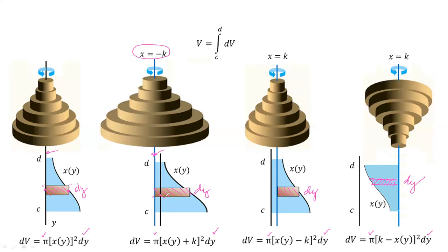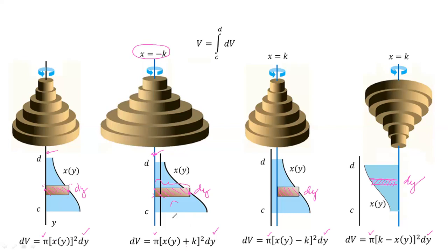Your differential area that you have drawn, which will be rotated on this axis, will have a radius which is the y of this point, the farthest to the right, minus the y of this point. And since this is negative k, the x of this point rather minus the x of this point, this is negative, so it will be positive. So x of y for this one plus the k. So this is the entire radius.